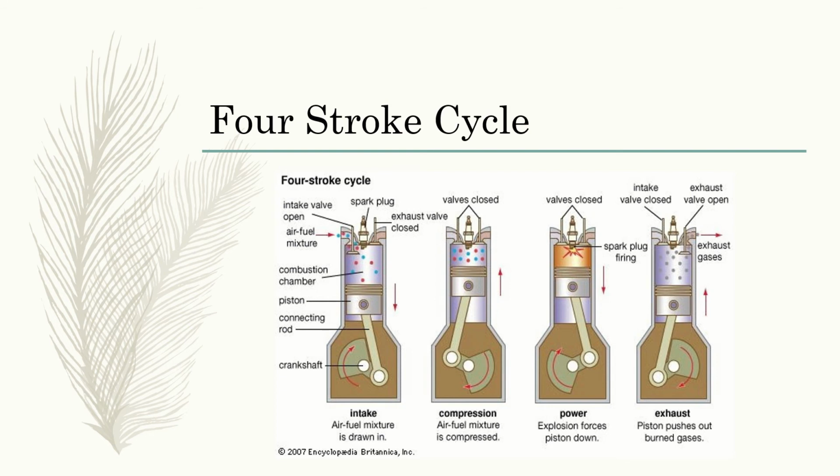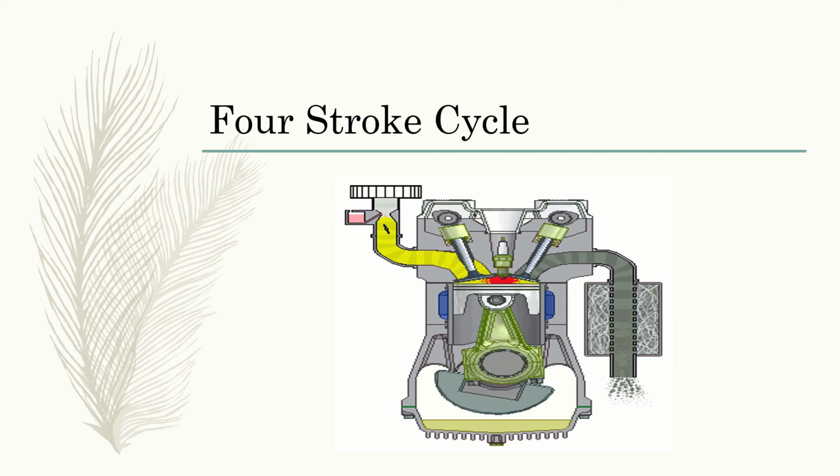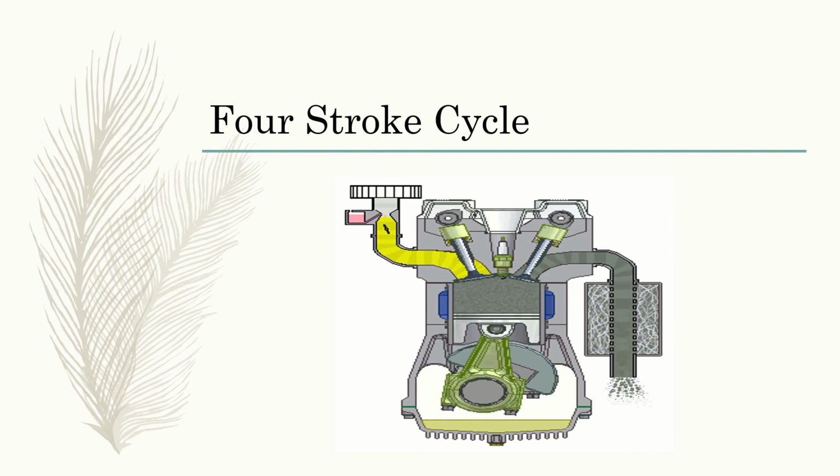So the exhaust valve opens, and this action expels the spent air-fuel mixture through the exhaust valve. So our exhaust gases leave the cylinder. On the next slide, you can visualize how those strokes happen. Here you can better see the intake, compression, ignition, and exhaust.